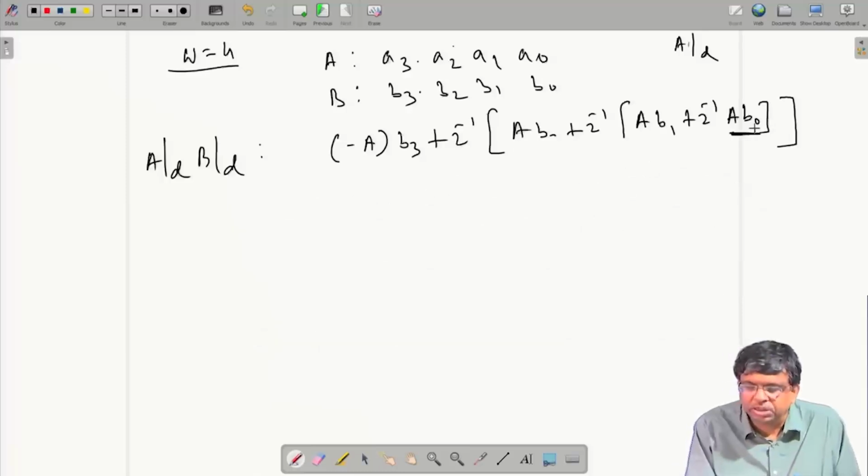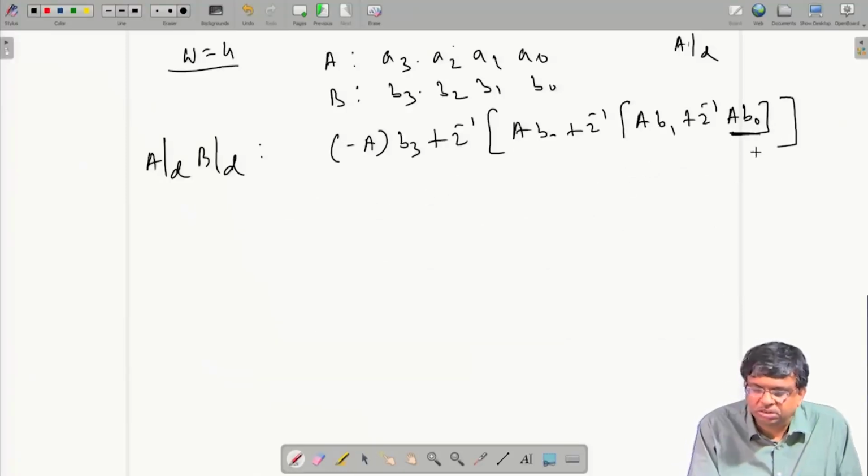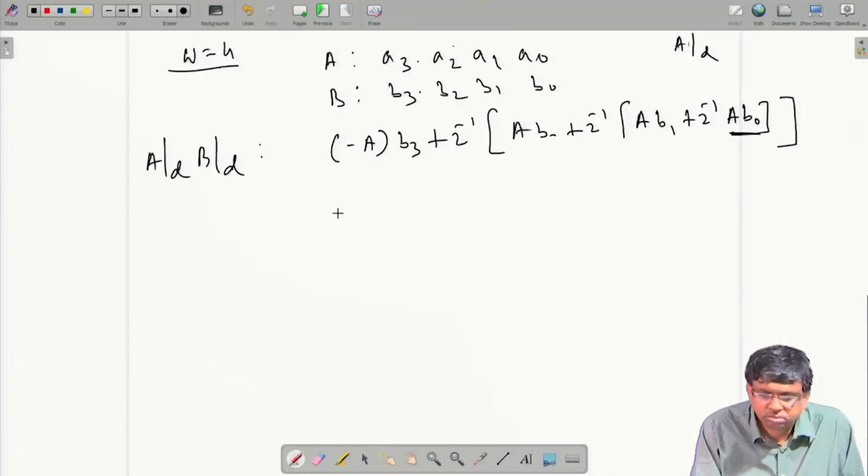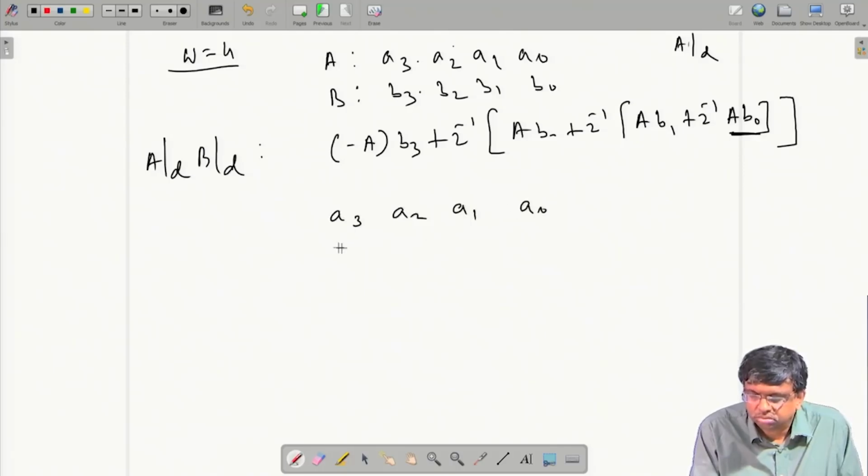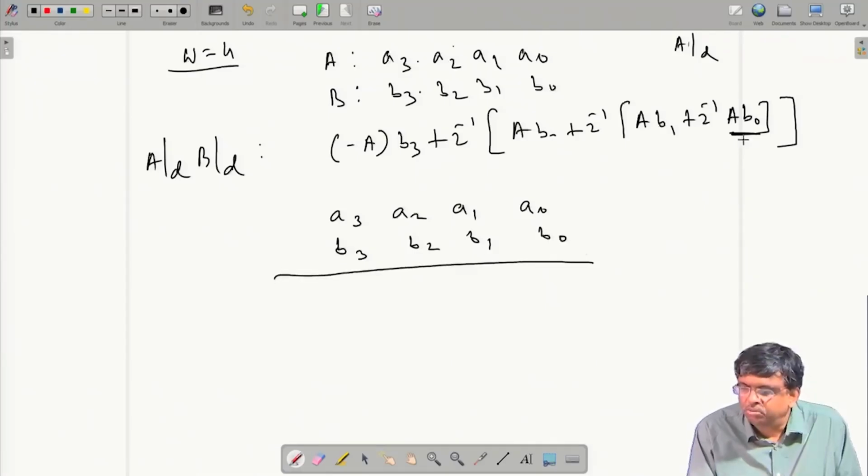So, start with A B0; capital A B0 means, if I form a table, a 4-bit word, A3 B0, where A3 B0 means A3 dot B0, the AND operation. The dot I am just dropping, it is there.